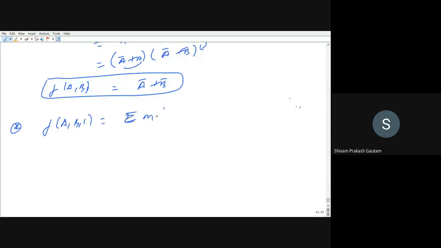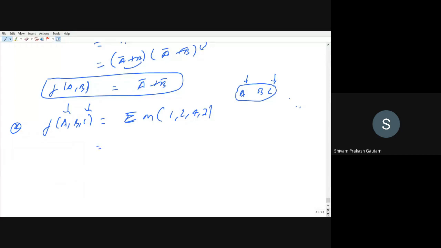So this is the summation of minterms 1, 2, 4, and 7. Now you have to represent this. You can build a table, but now I will not build one. A, B, and C are our variables, where A represents the most significant bit and C the least significant bit, because it is arranged in this format. The leftmost is the most significant bit, the rightmost is the least significant bit.